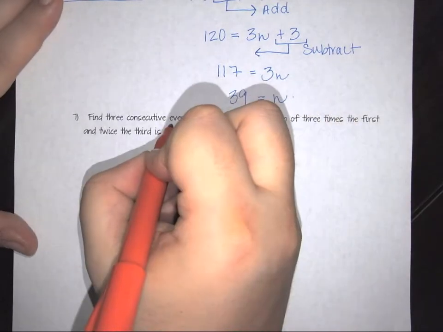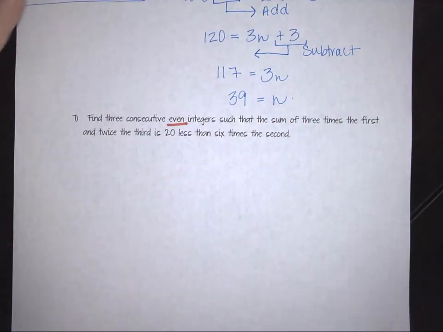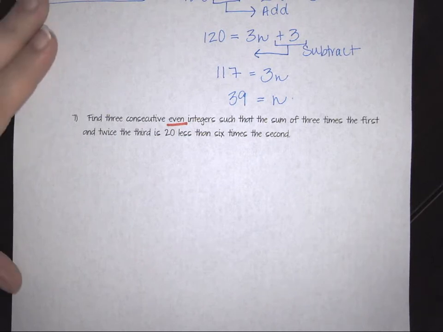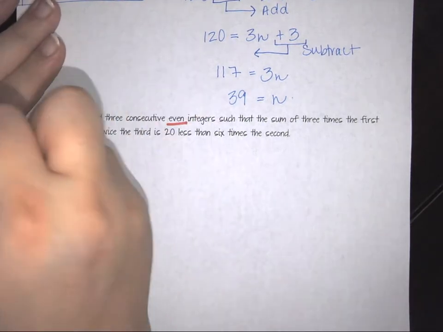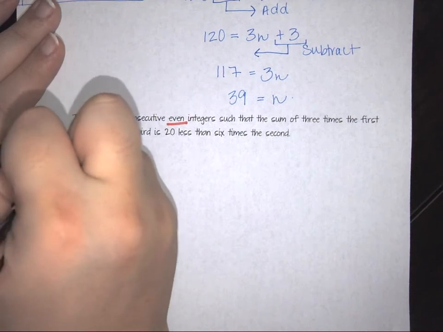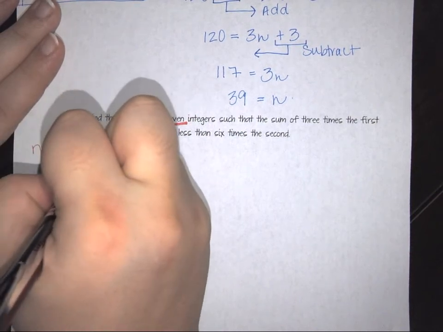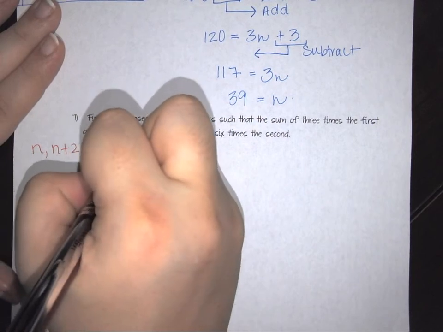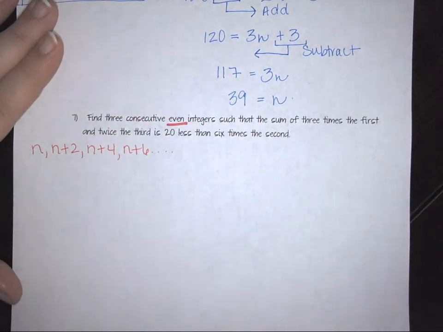So the biggest thing to keep in mind here is that we have the word even. So what we have to remember is that even says we are dealing with n, n plus 2, n plus 4, n plus 6, and so on.